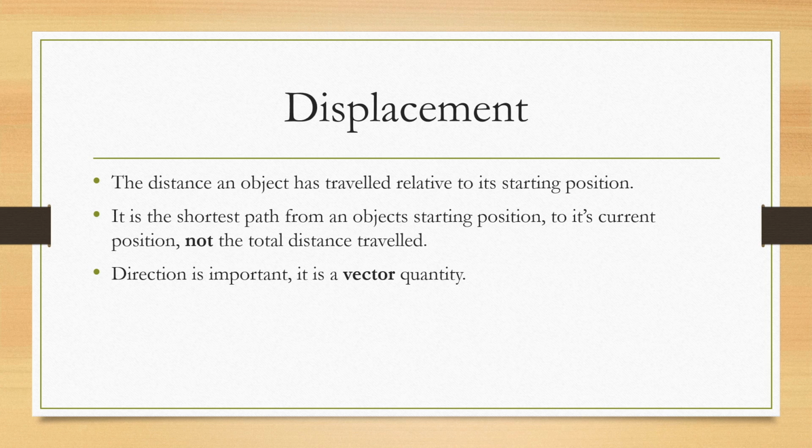This is what's known as a vector quantity, which we're going to talk about in a little bit. Displacement can also be positive or negative, depending on which direction it is. Conventionally, displacement to the right would be positive and to the left would be negative, but it can also go in multiple dimensions, so north, south, east, west. And again, we'll talk about that in future lessons. Displacement is represented by the symbol, a lowercase d with a little arrow accent over the top.